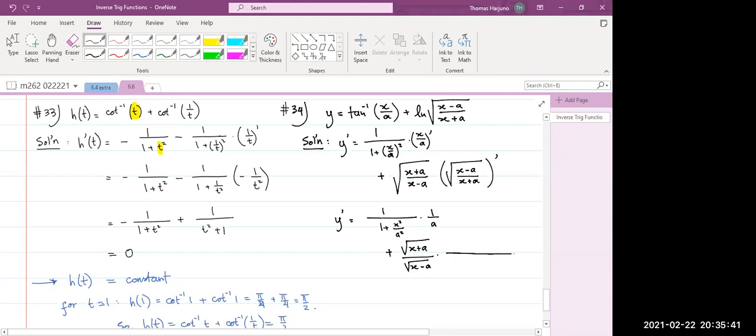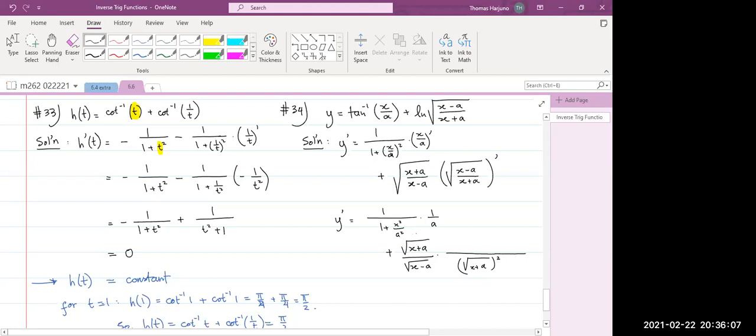I happen to do it the long way already. So this will be x minus a over x plus a under square root. No, it's not. Why not? The denominator only. It's square root of x plus a squared.